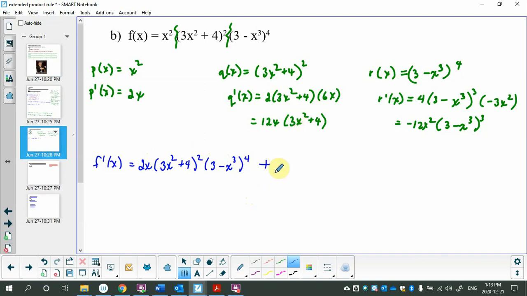Derivative of the second times the original first and original third.